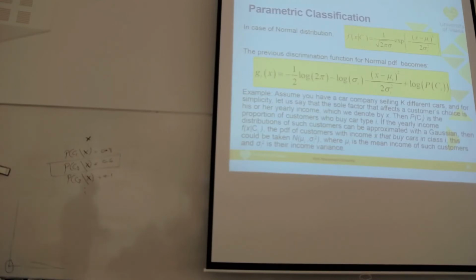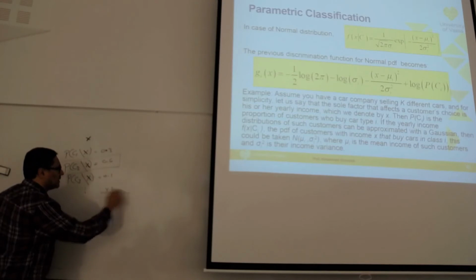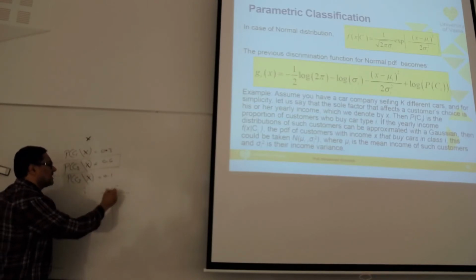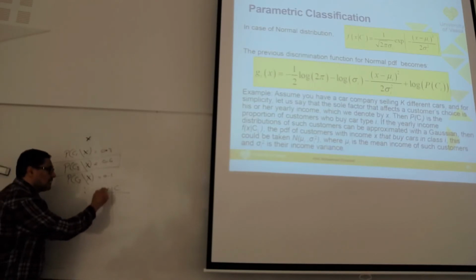Now, in the beginning I will assume only a single element, so you have only a single attribute. For example, the income of the customer and his class.